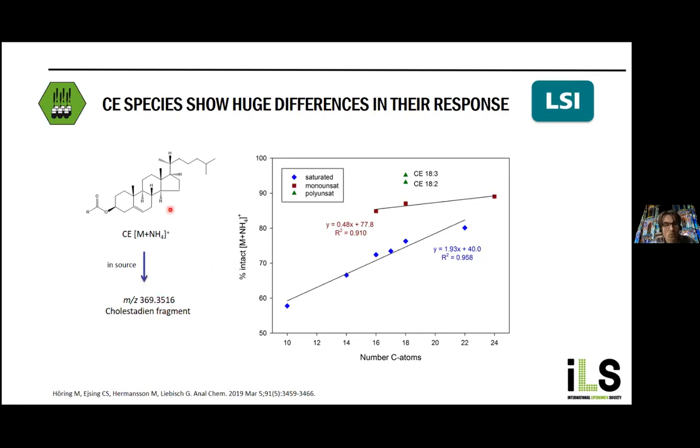If you add double bonds to the acyl part, you may stabilize that molecule, that ion, and so you see for these unsaturated species that you get much more intact ammoniated ion in comparison to this cholestadiene fragment, compared to the saturated species. It's just a stabilizing effect.